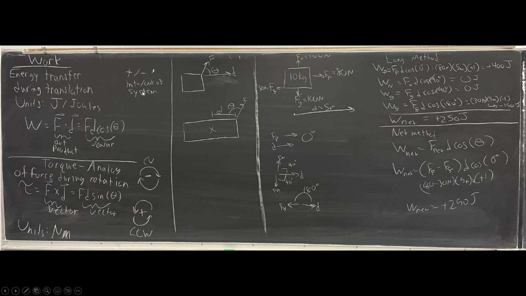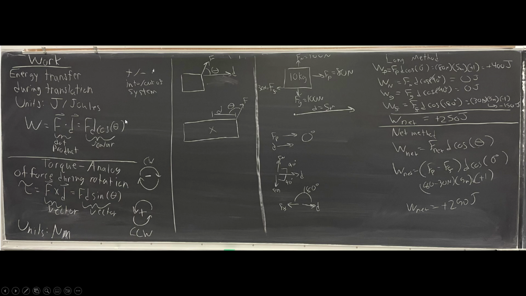When it comes to work, what we care about is some object that's being moved some distance d. And if the force vector is not completely parallel with our displacement vector, then we want the angle between force and displacement.